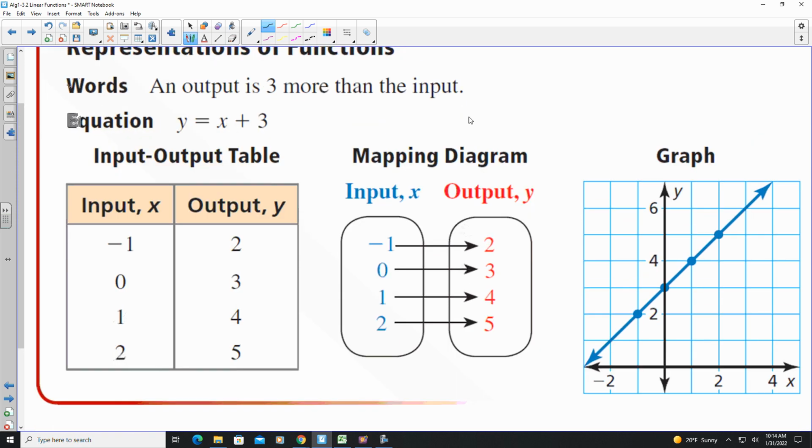This is one of the ways that you might be asked to graph a linear function. So what they've done here is they give you the equation, and this equation is y is equal to x plus 3. They would ask you to plot certain points on the coordinate plane to first off determine if it is in fact linear.